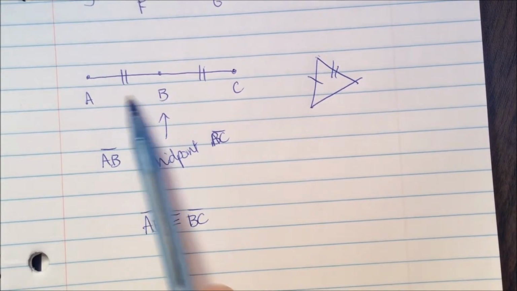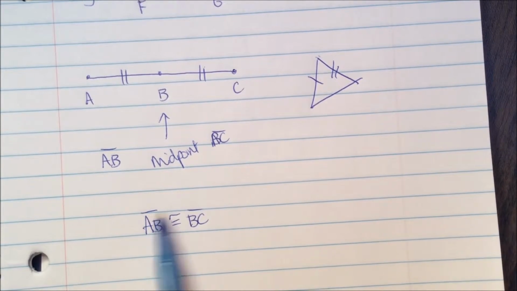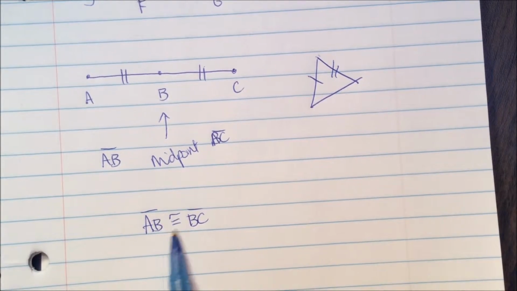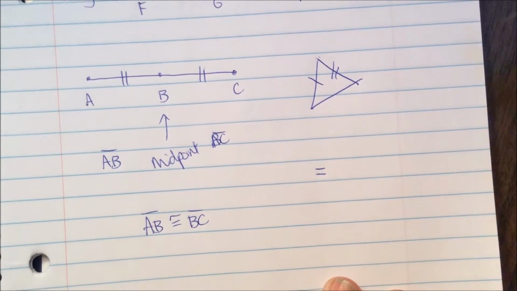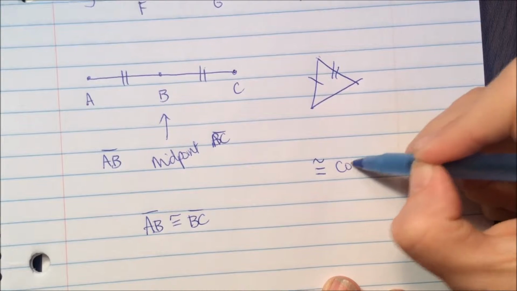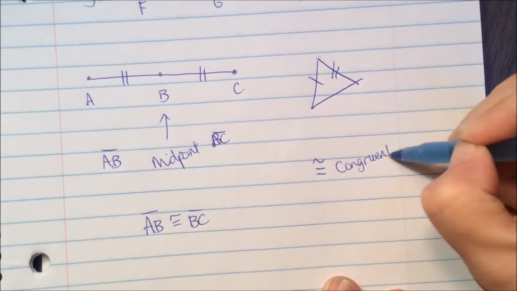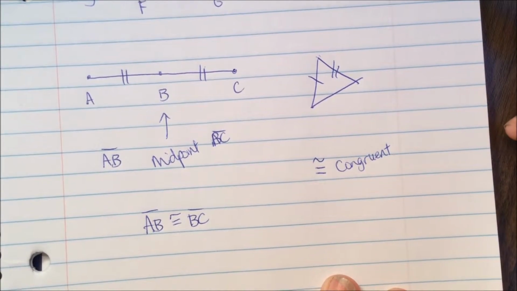But if they have the same markings, then they have the same measure, which means they're congruent. And this is the congruent symbol. It has an equal sign with a squiggle. That means congruent. And congruent means equal in measure and equal in size.